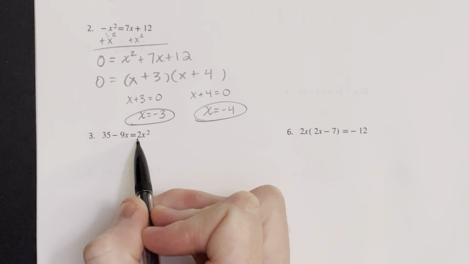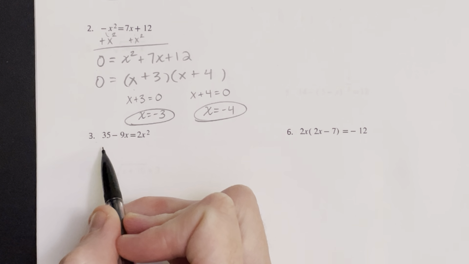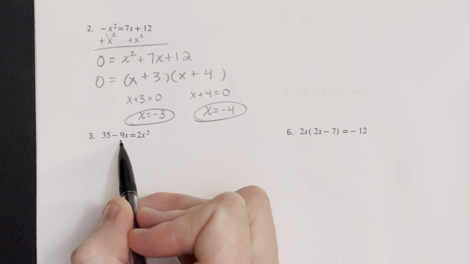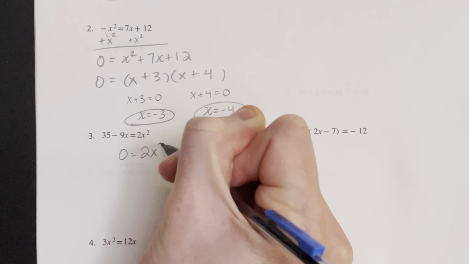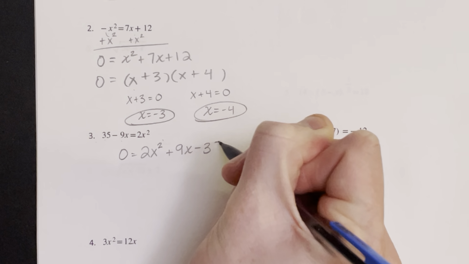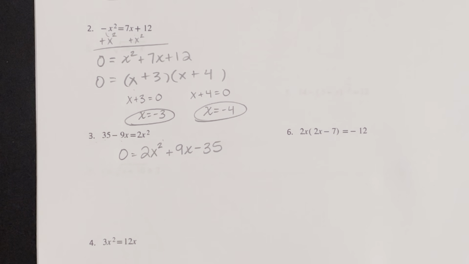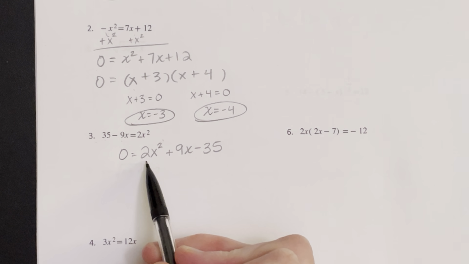But since this would move that over and become negative, that makes factoring a little bit harder. So I'm going to move the other terms to the right side, and that would make this 2x squared plus 9x minus 35. Now we take that and factor it. Again, this is one of those factoring problems where a is more than 1.